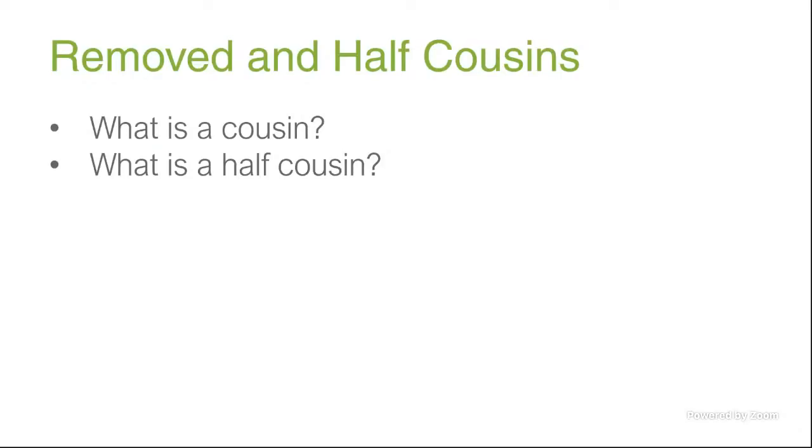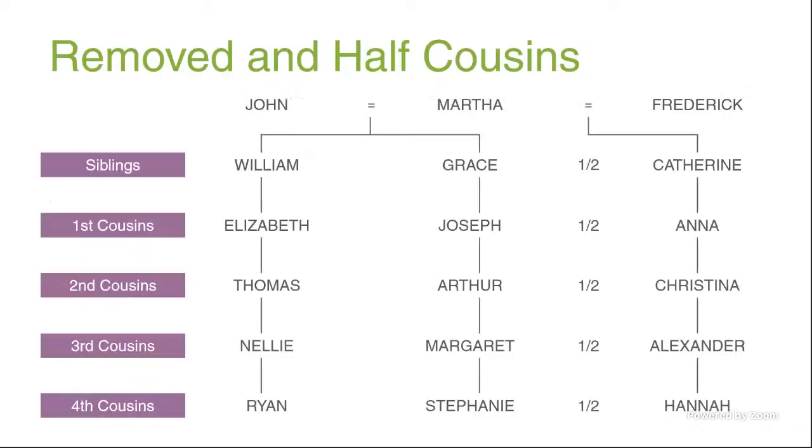Before DNA, it felt like the half didn't really matter, but once you start looking at DNA, half really does matter, because a half cousin shares less DNA. And then a cousin removed is one I know a lot of people struggle with.